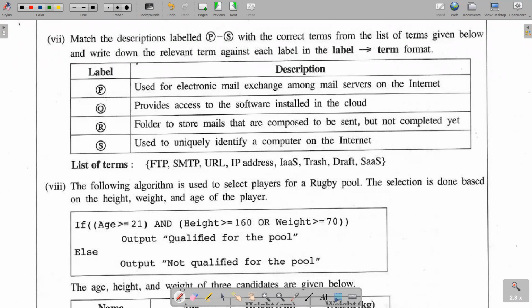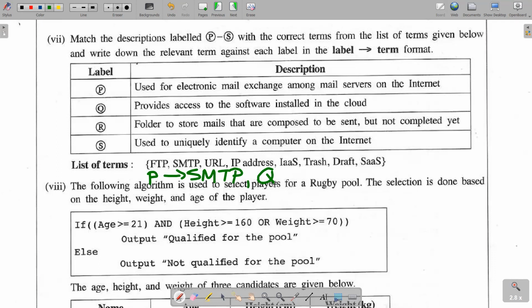Right, let's see what it has here. Label P says used for electronic mail exchange among mail servers on the internet. So that goes with SMTP, Simple Mail Transfer Protocol. So you have to say P goes with SMTP. Q says provides access to the software installed in the cloud.